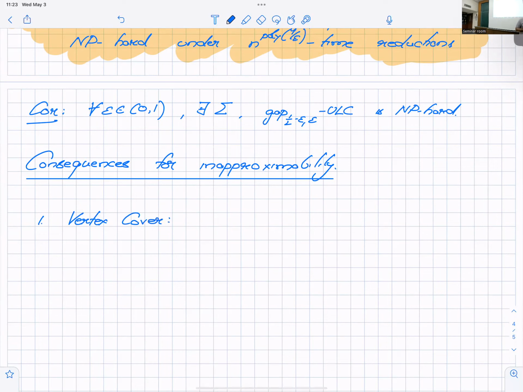For vertex cover, we saw that if UG were true, you get that 2 minus epsilon is hard. What you get now is, for all epsilon in 0 to 1, root 2 into 1 minus epsilon approximation of vertex cover is NP hard.